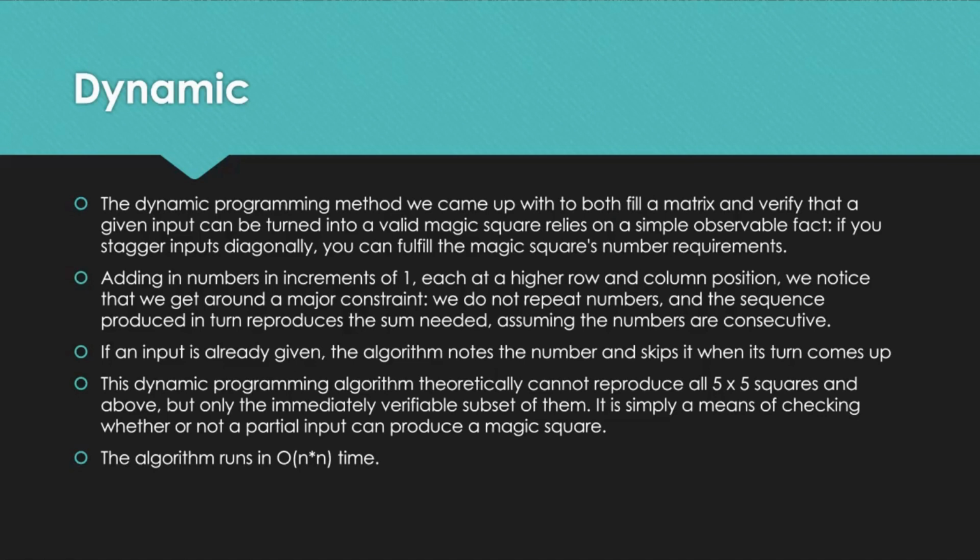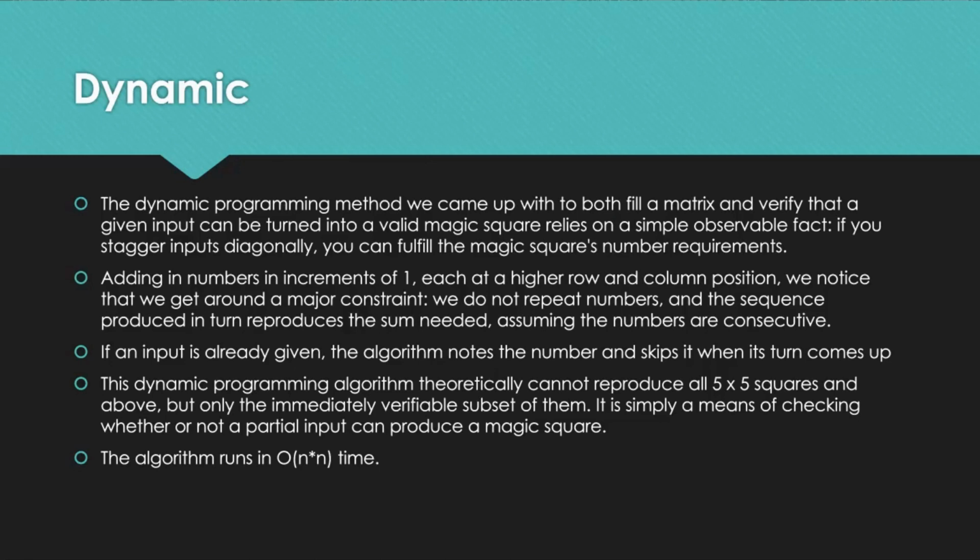That is a very large number, and as said before in Max's analysis, it is somewhat outside the scope of this project. But the immediate verifiable subset of those matrices is good enough for our purposes, for verifying inputs that have already been given.